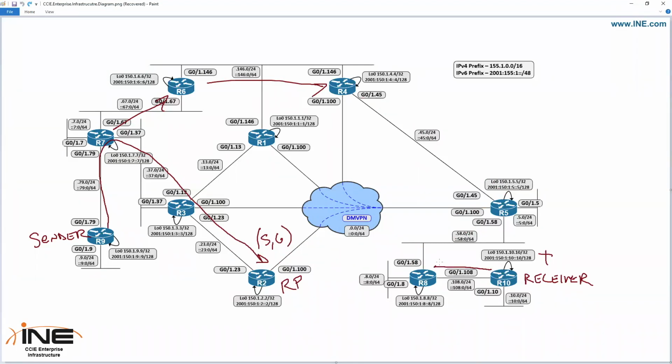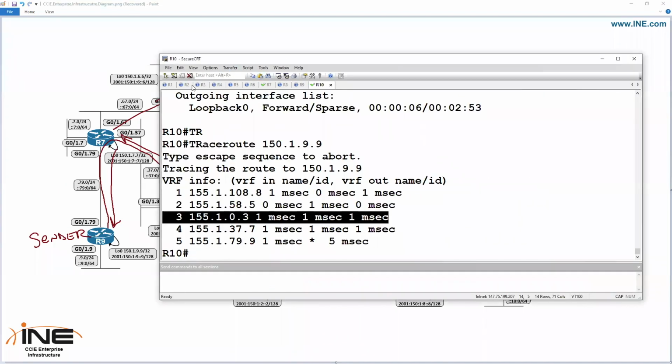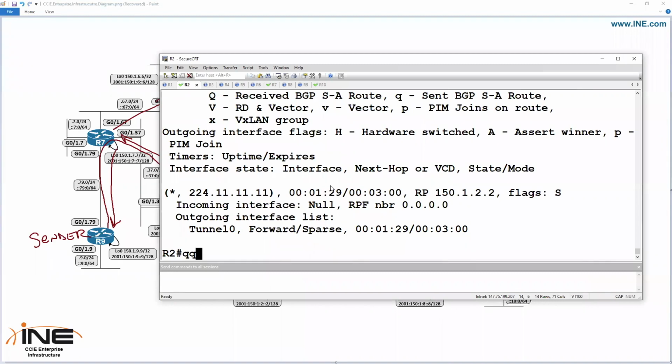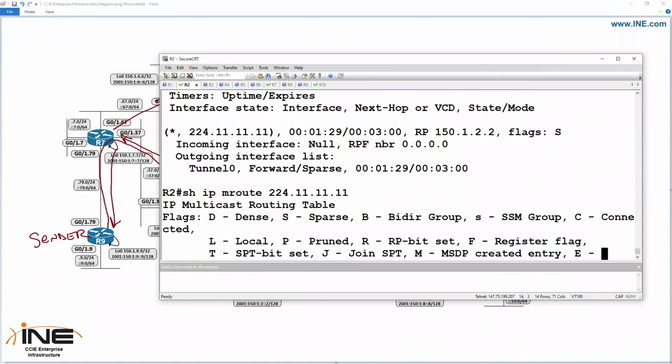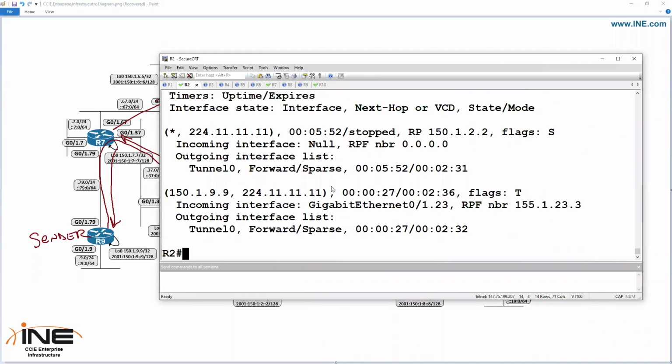So 8 to 5 to 3 to 7 to 9. Okay, so what this means now is that if we go to the rendezvous point and look at the show IP mroute for 224.11.11.11, the outgoing interface list shows the tunnel interface, but we're not the one who's actually forwarding the traffic.